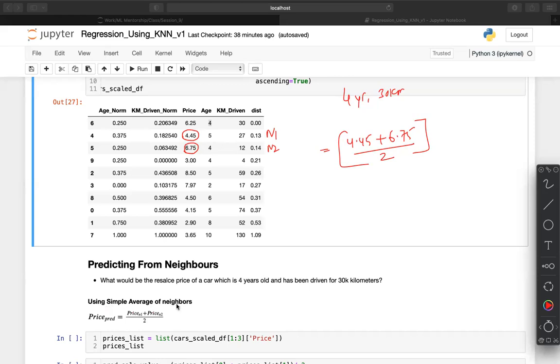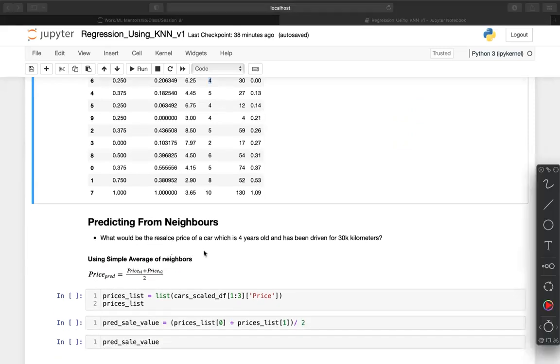So using a simple average of neighbors, the price of N1, which is the first neighbor, plus the second neighbor, divided by 2. And of course, if we use k number of neighbors, you can generalize this. So you can say the y value of k number of neighbors, i equal to 1 to k, and then take an average, 1 by k. So that will be the predicted value of y based on the k number of neighbors.